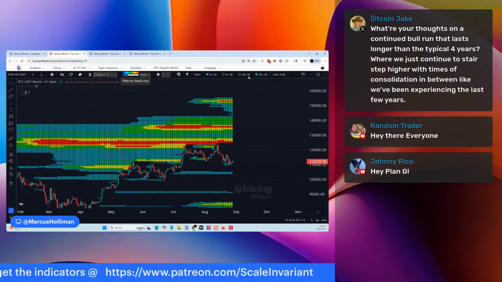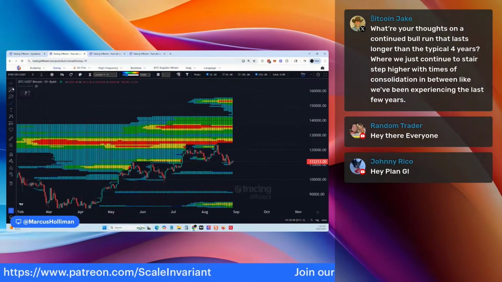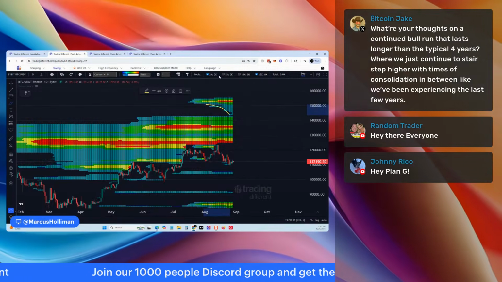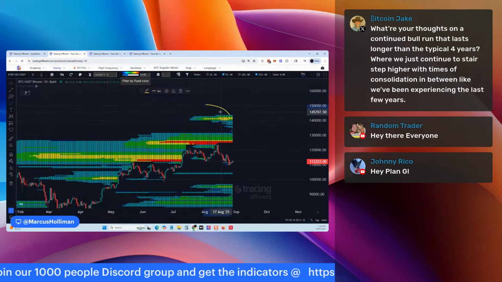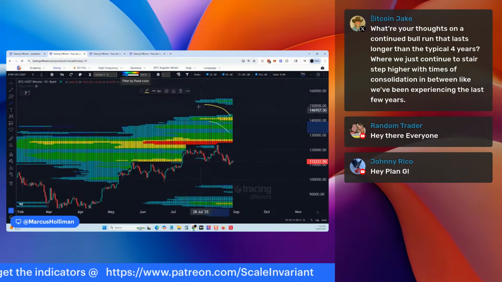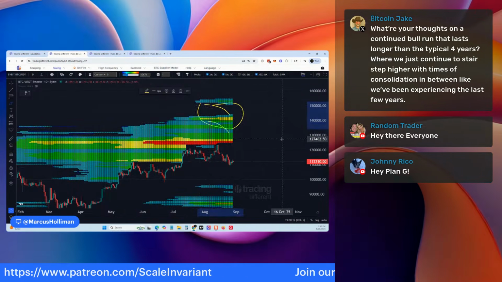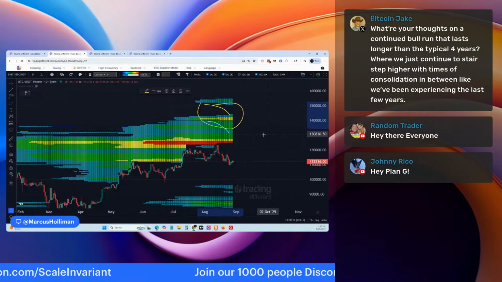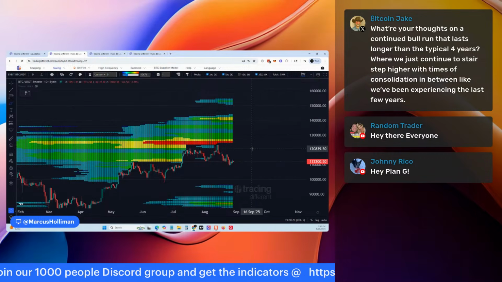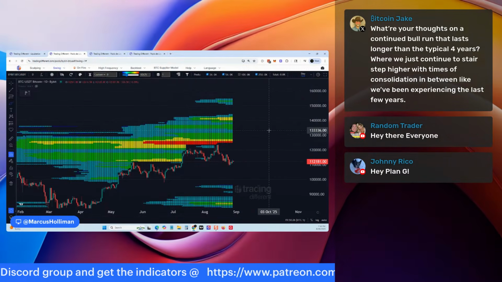Let's just look at the 3X first. We can see quite nicely that this is beginning to thicken and fill up. Let's take a look at the 5X positions, filling in really nicely. So when we put it all back together, we can see that we are putting in the composite density that we need to fuel a big move. Think of it like a jack-in-the-box. You just coil it and coil it and coil it, then you break.